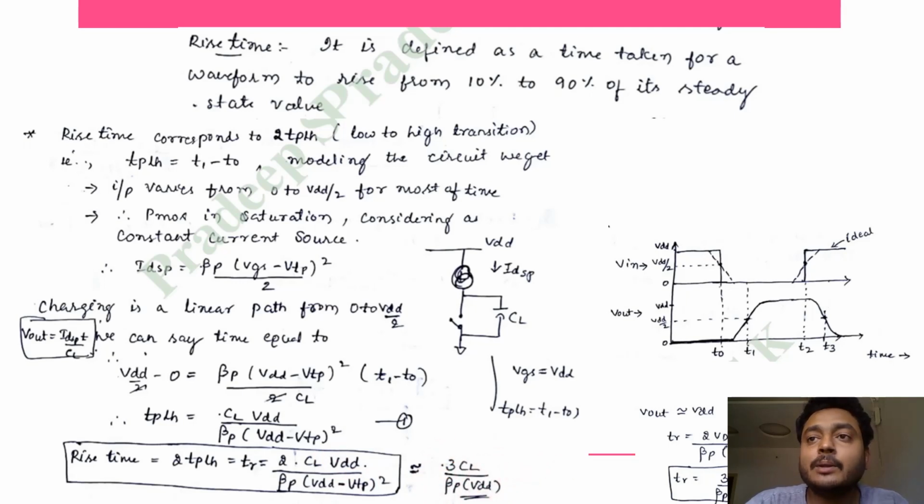I will come to why we are taking 0.2 times VDD in the next slides. So this is your rise time calculation.